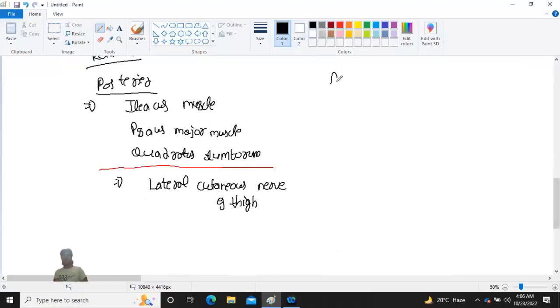Then come to the anterior. Anterior, we know basically the jejunum, ileum coils. And in front peritoneum is present. Peritoneum is the most common, because it is retroperitoneal. So peritoneum is in front, and peritoneal organs, basically intestine.